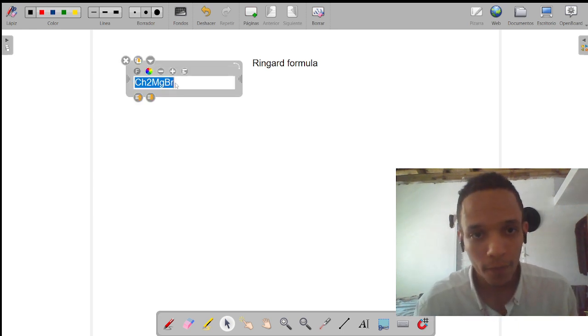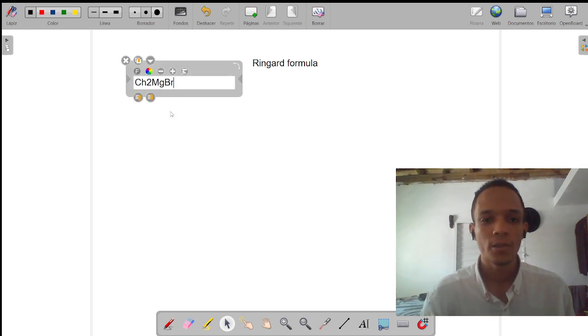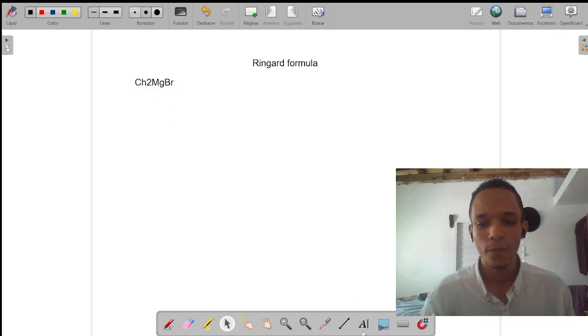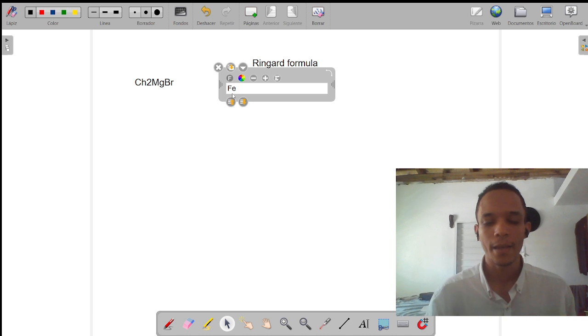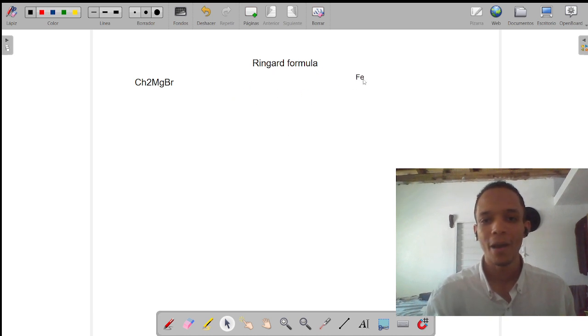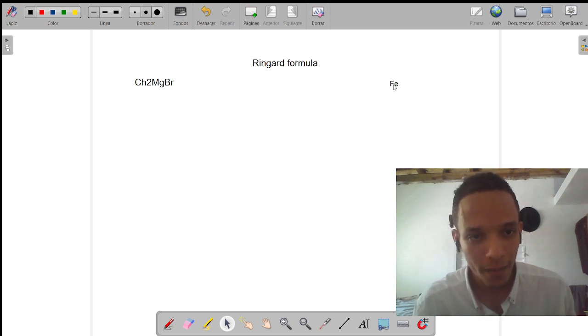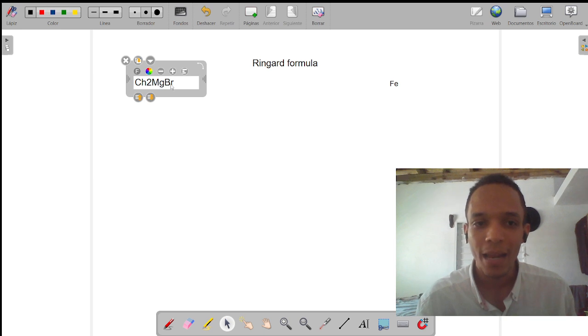There are different types of iron, okay? And also there is one element that is exactly iron and it's called Fa, just like this, Fa. But that one is going to be the representation of the element on the table, because we have the table of elements and we have the element itself.